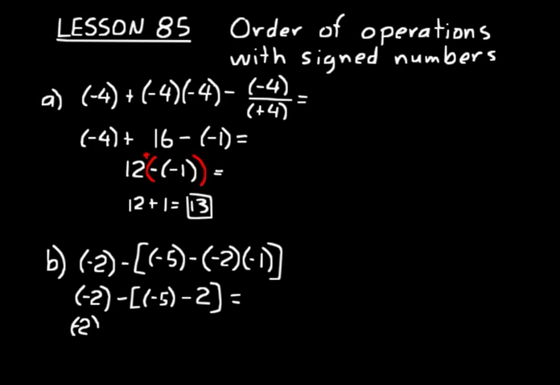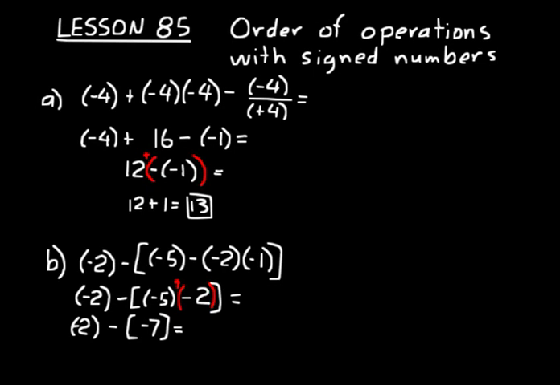-2 minus a -5. Think of that as -5 plus a -2. And if you want to, you can even use a different colored pen like I did there and surround that -2 in parentheses, put a plus sign in front of it, and we have -5 plus a -2 is a -7.